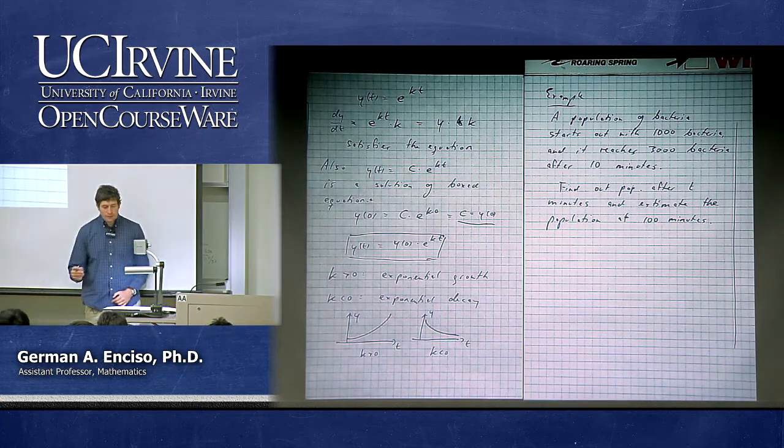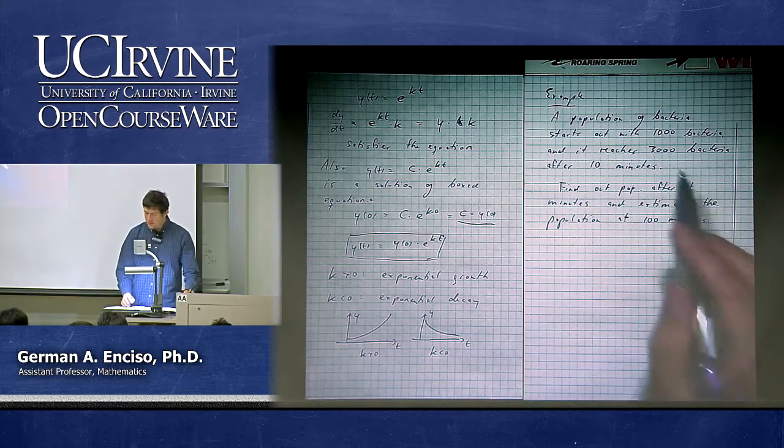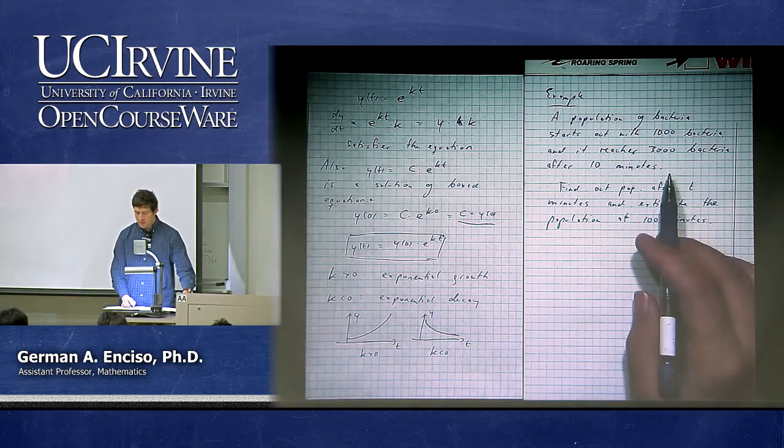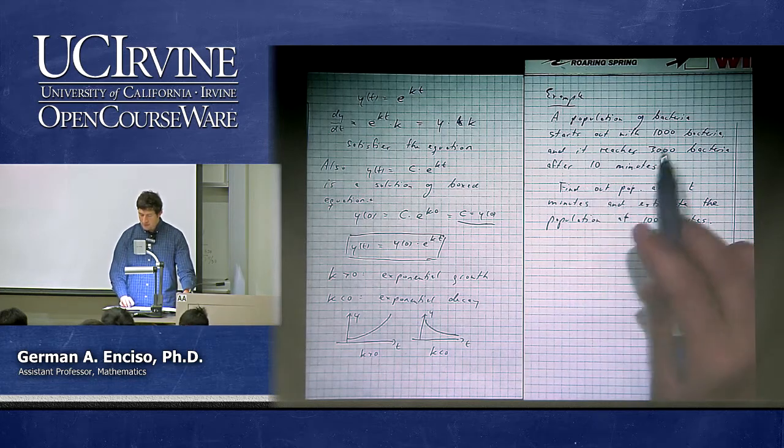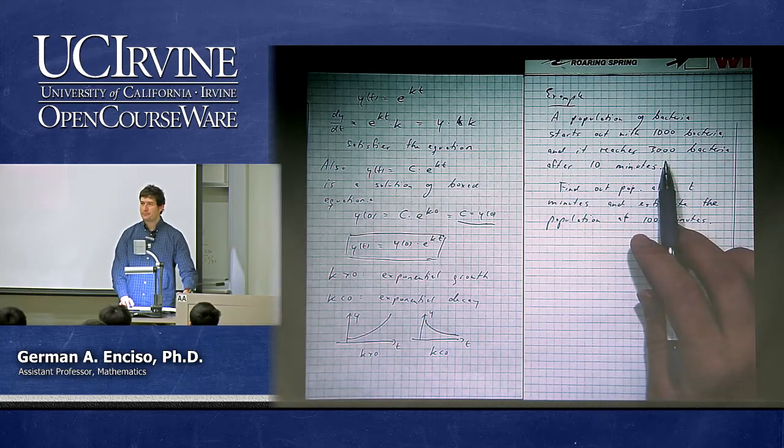Okay, so this is not quite as clean as we had before. We're not being told how long until it doubles. We are told that after 10 minutes, we have 3,000 bacteria.